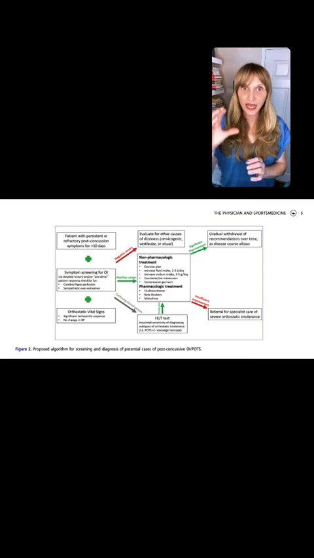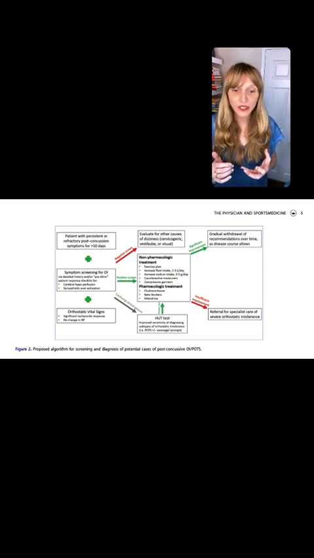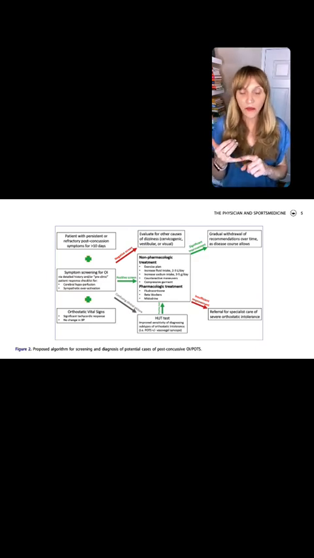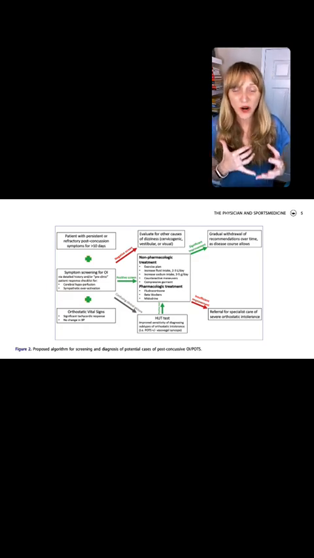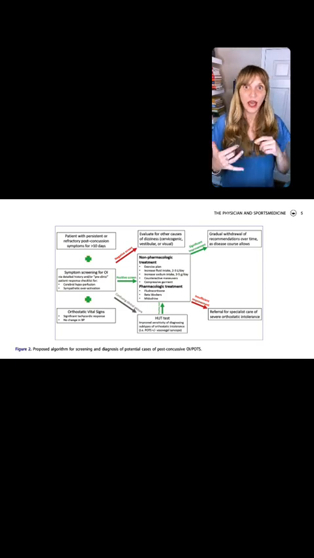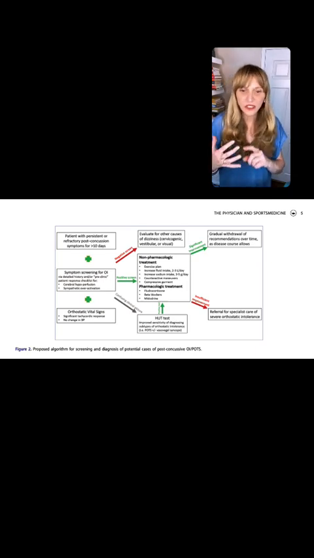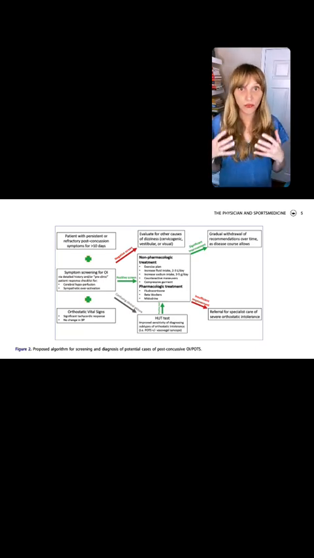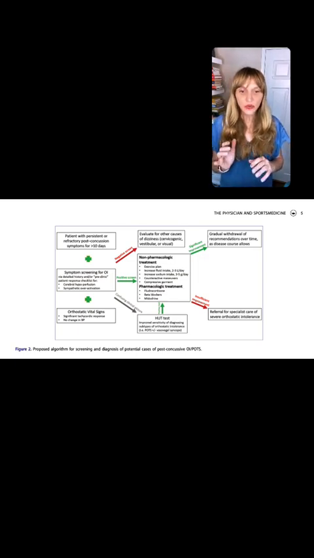And basically they said this should be screened early on post-concussion and treated with both pharmacological and non-pharmacological approaches. And there are a lot of non-pharmacological treatments for this: exercise, leg muscle pump helps a lot with this, increasing fluid intake, salt intake, compression garments, and there are some medications that can help with this too.